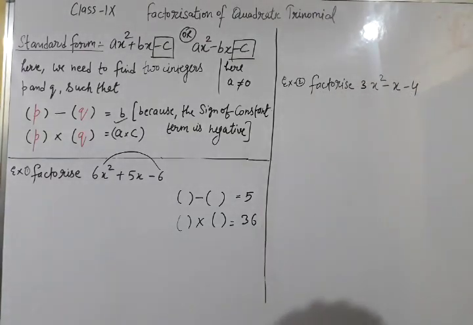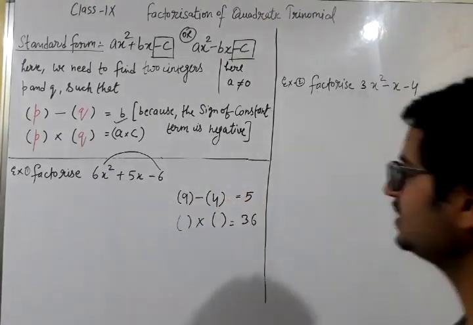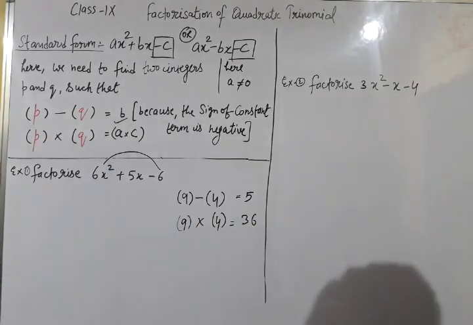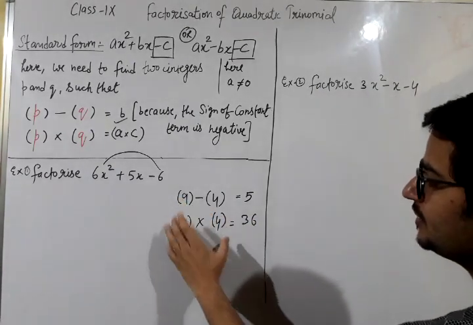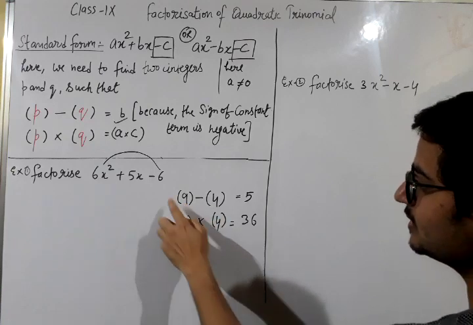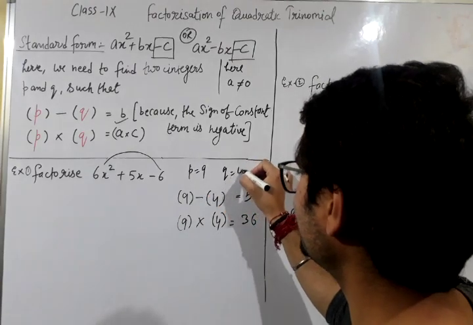What are the factors here? 9 minus 4. 9 minus 4 is equal to 5 and 9 multiplied by 4 is equal to 36. Here we have p equal to 9 and q equal to 4.